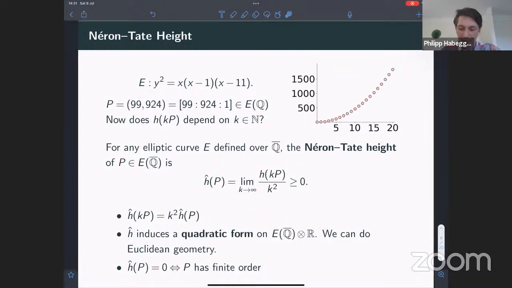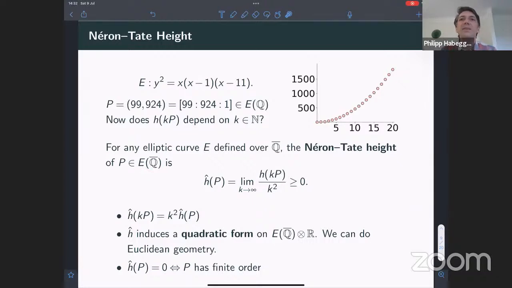Namely, if I take the height of k times P and normalize it by dividing by k squared, then in the limit for k going to infinity, I'll get a real number. So the limit exists, and it's what is called the canonical or Néron-Tate height of the point P. And this works for all algebraic points on elliptic curves.